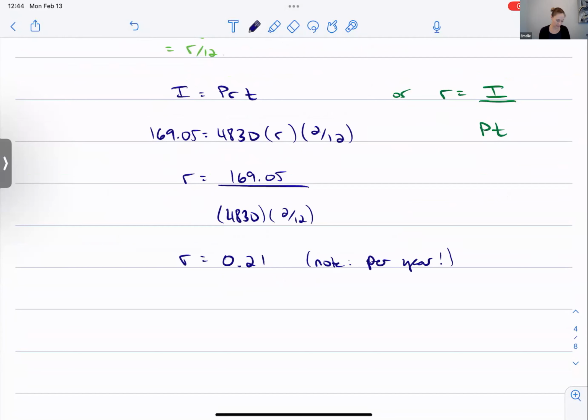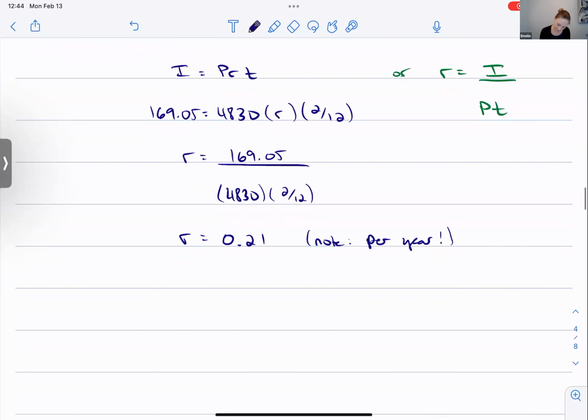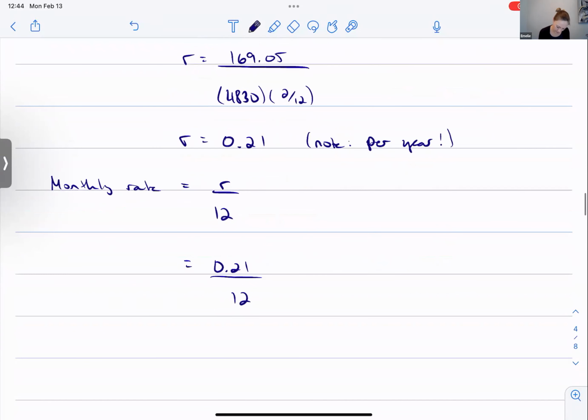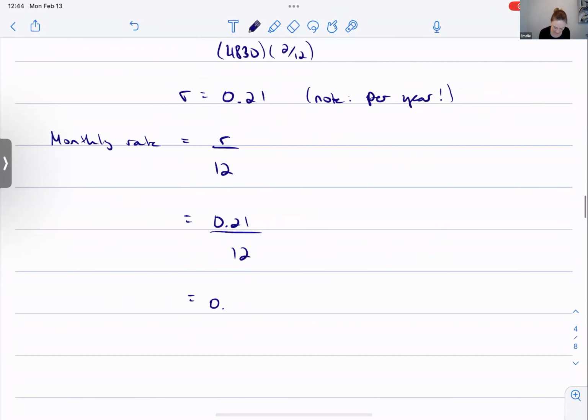And so now we can solve for the monthly rate, which is going to be R divided by 12, which is 0.21 divided by 12, which is 0.0175, or 1.75% monthly.